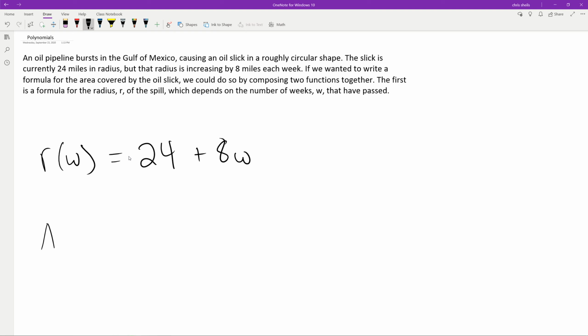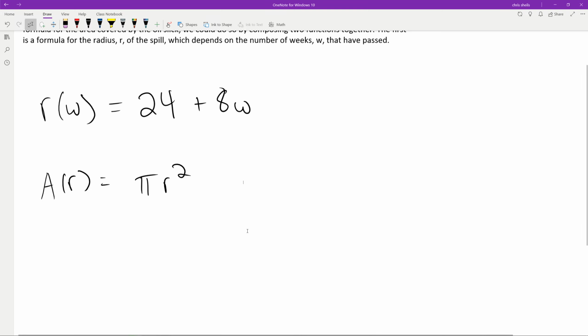Now if I want a formula for the area of this circle, well, the area of a circle is just pi r squared. And I have a formula for r.